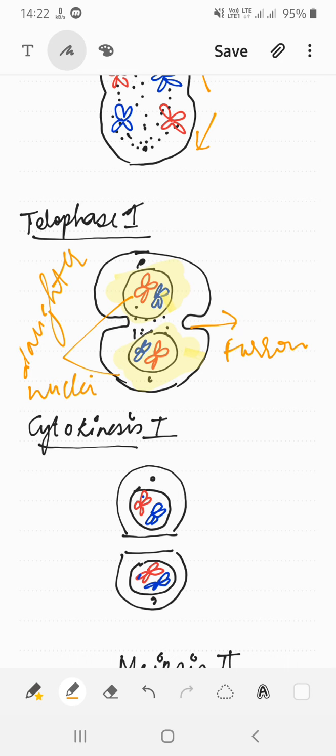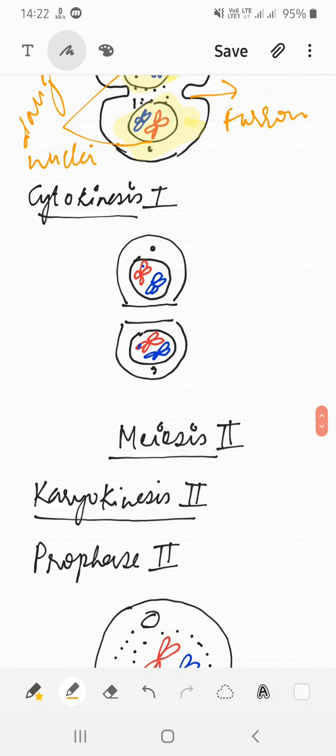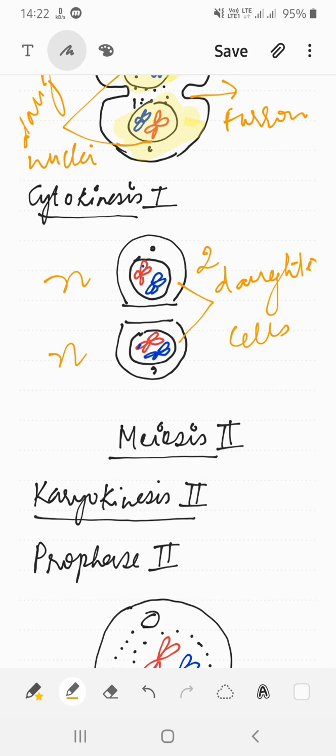With the reappearance of the nuclear membrane, the nucleolus and the centriole, by the end of cytokinesis 1 you will find two daughter cells, but with half the number of chromosomes, that is N and N, that is haploid.